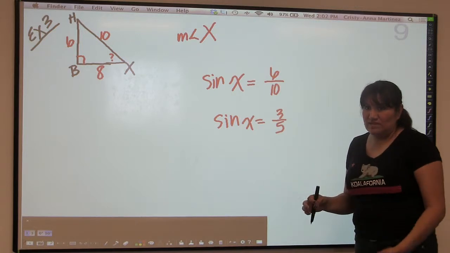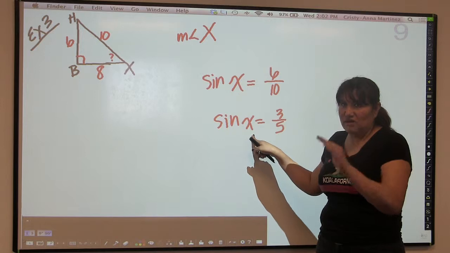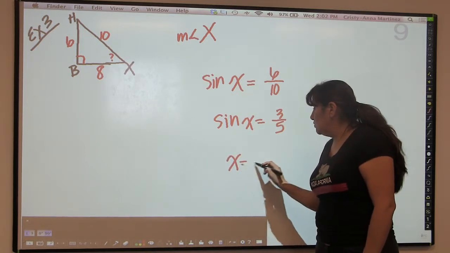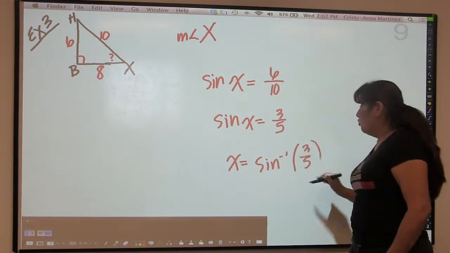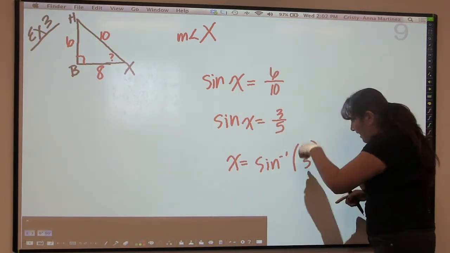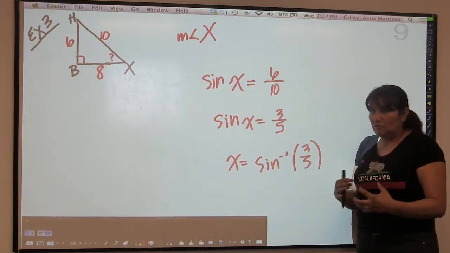What I'm telling you right now is that to get the x by itself, you don't divide by sine. You absolutely do not divide by sine. You get x is equal to the inverse sine of 3/5. And you write it like this because 3/5 is inside of the inverse sine function. It's inside of it. It's not like times it. You're not multiplying.